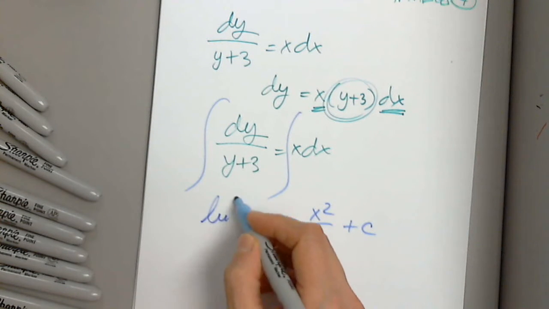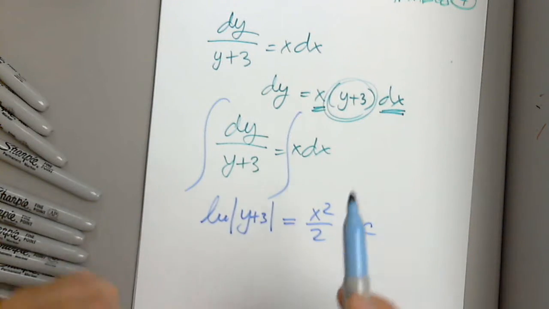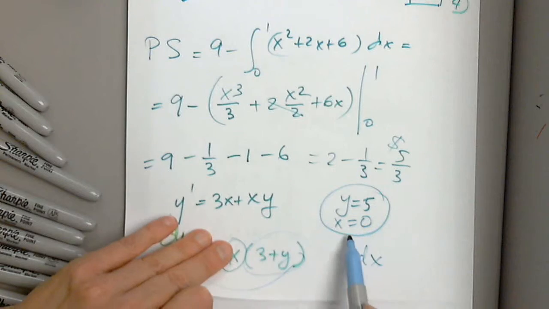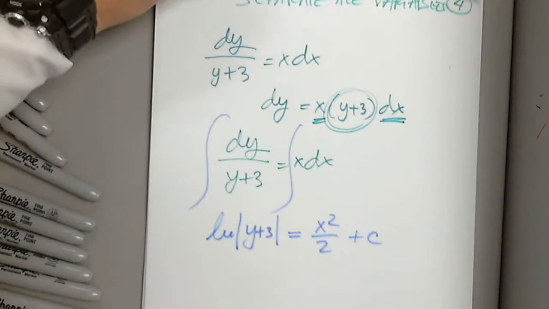Well, it must be natural log of the absolute value of y plus 3. When I differentiate this, I get 1 over y plus 3. Better? Now I have to put in this condition, when x is 0, y is 5.